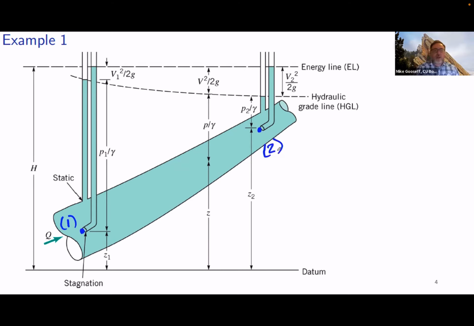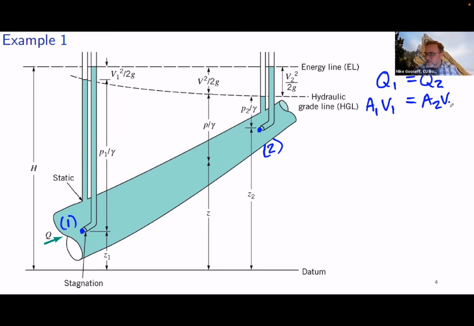And what we know about this pipe, what we're being shown, is that the diameter is decreasing. But regardless of that, we know from mass balance that Q1 has to equal Q2, right? So Q1 equals Q2. We know that both of these can be broken down to A1 V1 is equal to A2 V2.